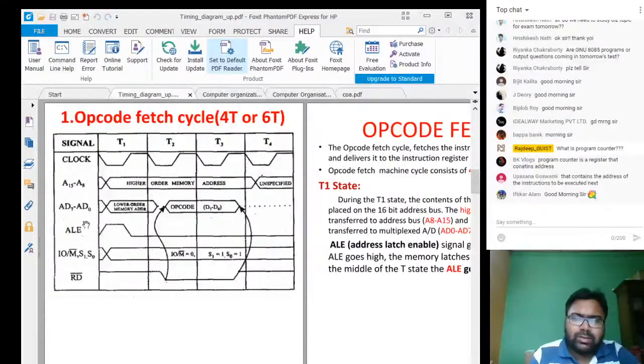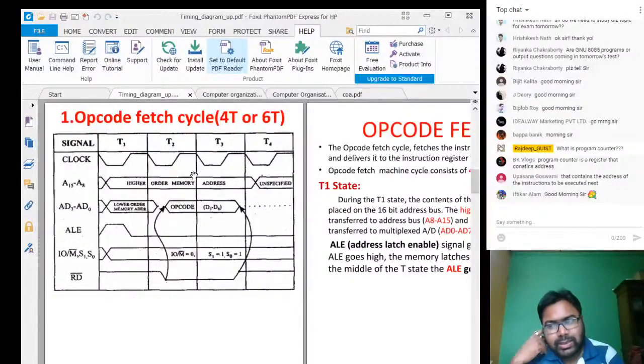What you need to remember in this diagram is what signals are required for a particular operation, and what buses are required, that is, what their communication path will be. So what does it represent? The sequence of operations which will be required for a particular machine cycle.